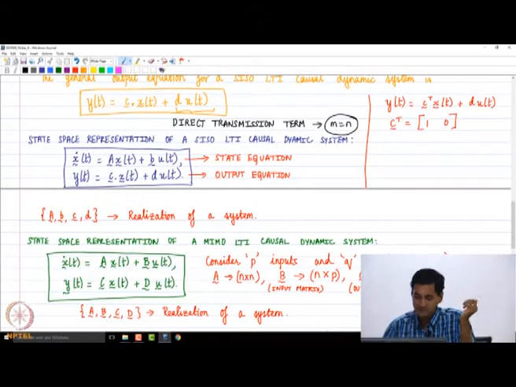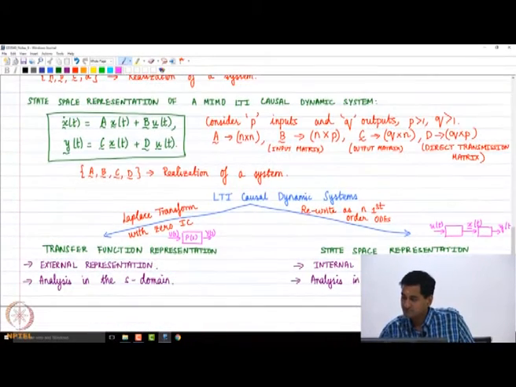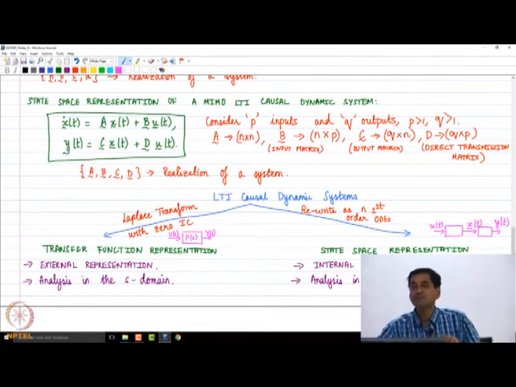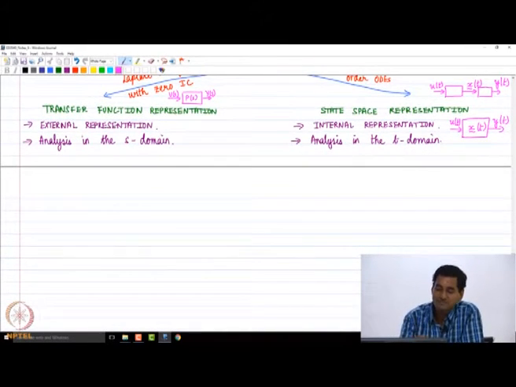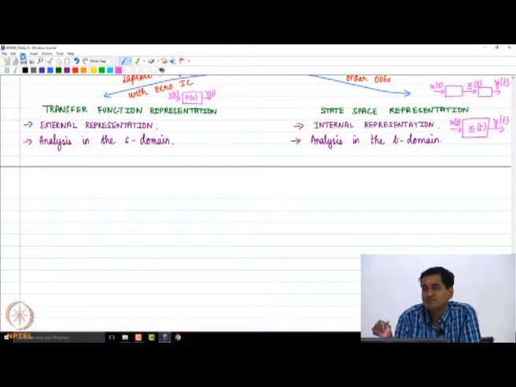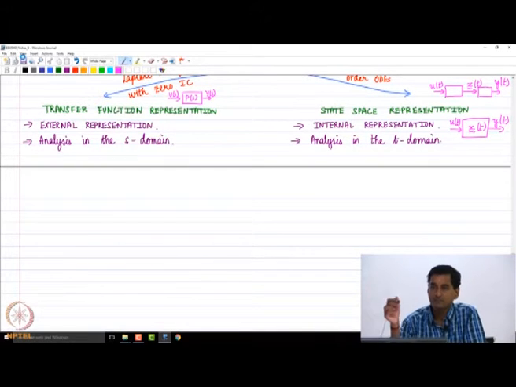So people will say that internally you have a state vector, this is just a visualization, and the input and the output are related through the state vector, which characterizes the internal dynamics of the system. That is why it is called the internal representation of a system. That is the terminology.